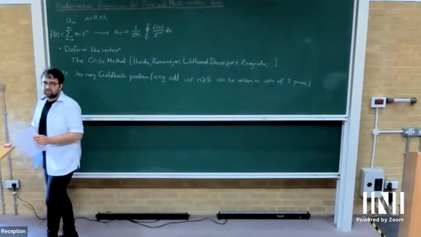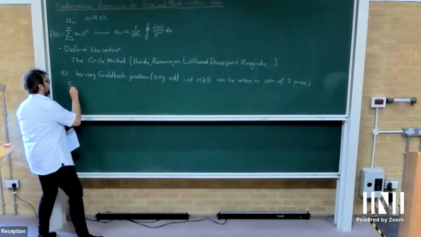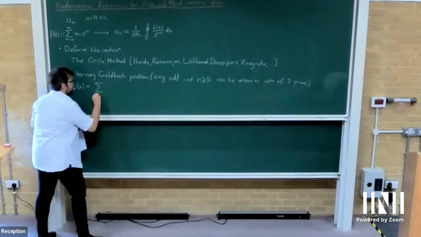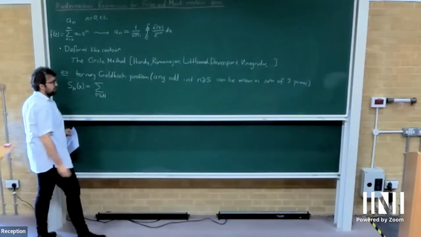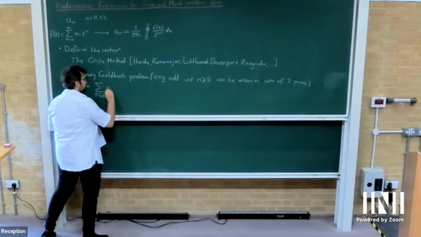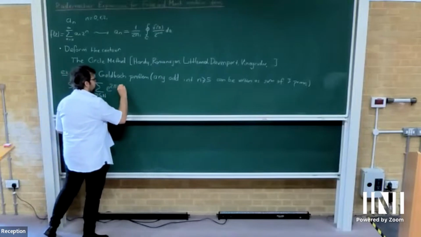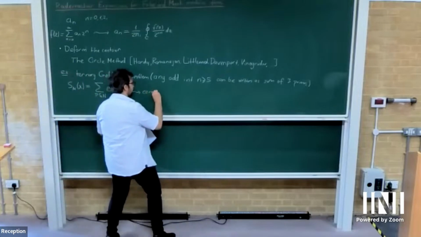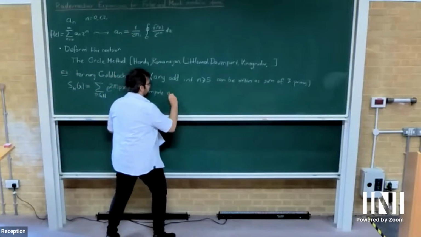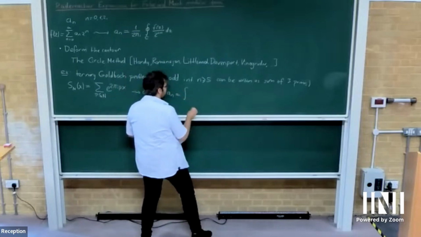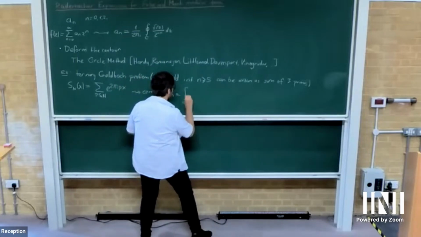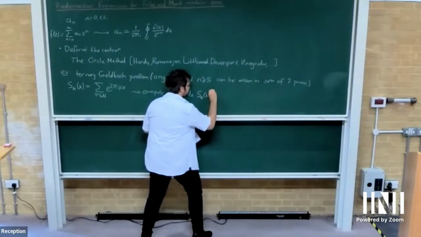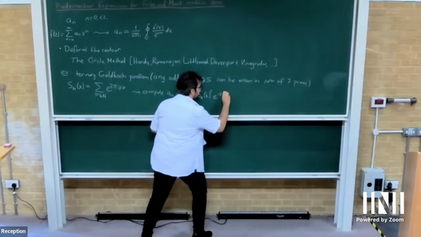Well, one way you can approach this problem is to start with the function S_n of x. You can sum over all the primes less than or equal to n. You can form this sum, and then compute the integral from 0 to 1 of S_n of x cubed times e to the minus 2πi n x.